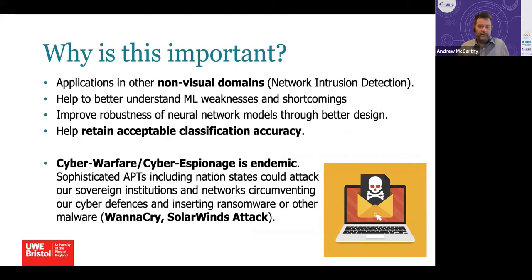For example, we're using machine learning classifiers now to discriminate between benign and malicious traffic in network intrusion detection. So this research helps to better understand the weaknesses in machine learning systems, improve the robustness of neural networks, and help to retain acceptable classification accuracy.